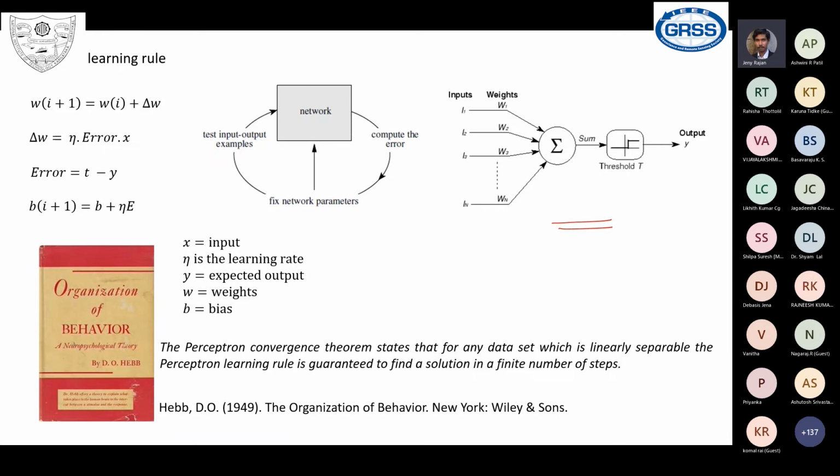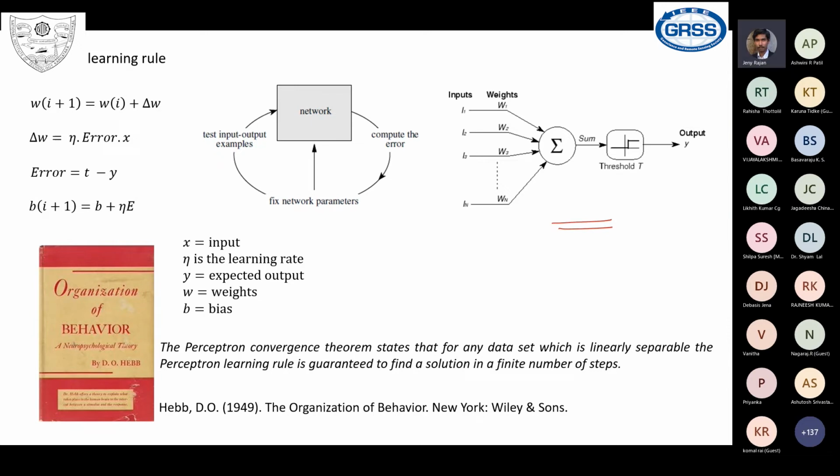So if you want to work with the perceptron, we can initialize these values randomly. If you want to design an AND gate with the perceptron, we have three parameters, right? WA, WB, and T. These three values we will initialize randomly, and then you can give the input values and see how close the output is to the ground truth.